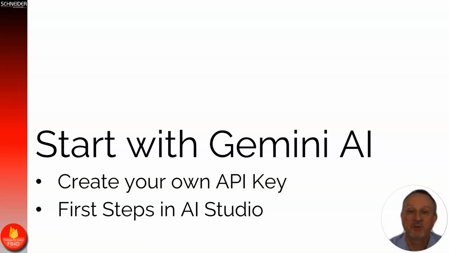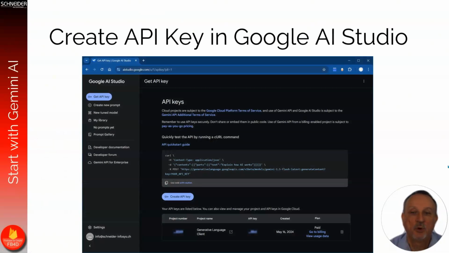But before you can ask such a question in the demo app, I have to go a little further and introduce Gemini AI and the AI Studio on the web. To open the AI Studio in your browser, simply click on the provided link in the demo app. Get an API key in the AI Studio and copy the key into the edit field in the demo app.